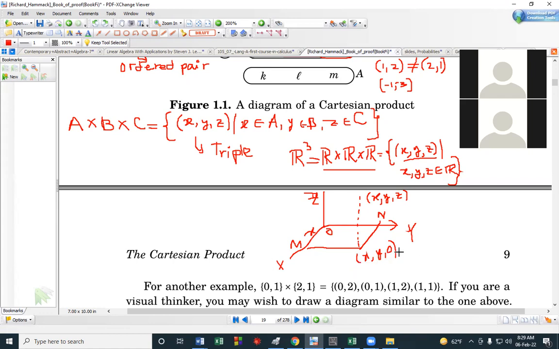So this z is 0. But if you go, let's say this is your point P dash, if you go upward from P dash to P, then you get this third coordinate. So this is how an ordered triple represents a point in this space.